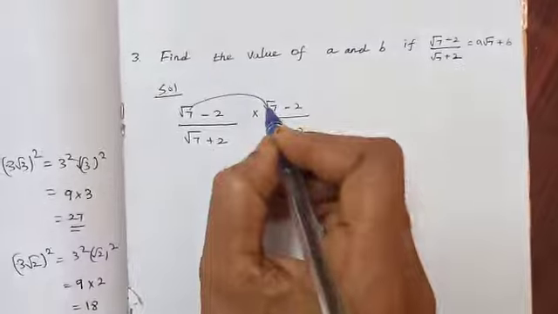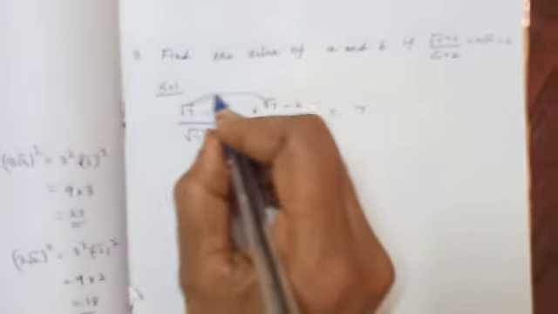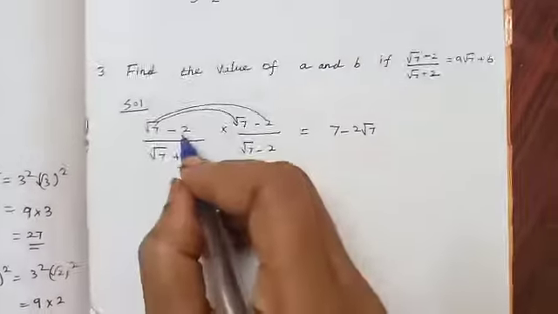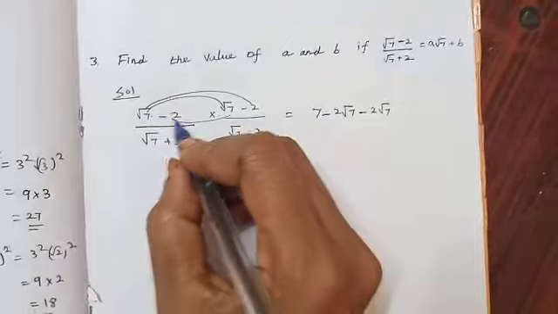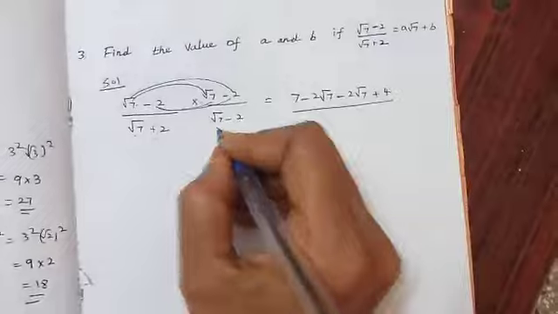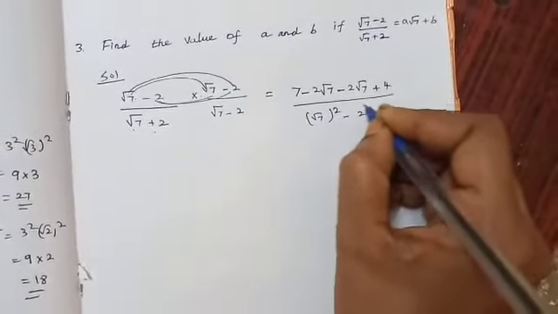Then we multiply. That is equal to root 7 into root 7, 7. Root 7 into minus 2, minus 2 root 7. Minus 2 into root 7, minus 2 root 7. Minus 2 into minus 2, plus 4, divided by (a plus b)(a minus b), which is a square minus b square. So root 7 square minus 2 square.